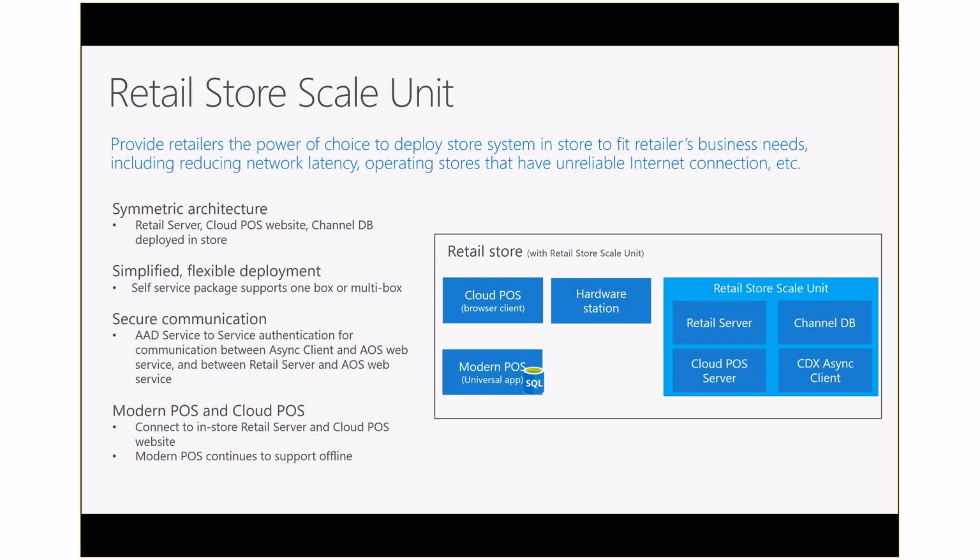Of course, in a modern application, everything is secure. The communication is secure. Everything must be SSL-based communication, and authentication is done via Azure Active Directory service-to-service authentication, which is set up during the deployment, during the installation, with very little additional manual steps.